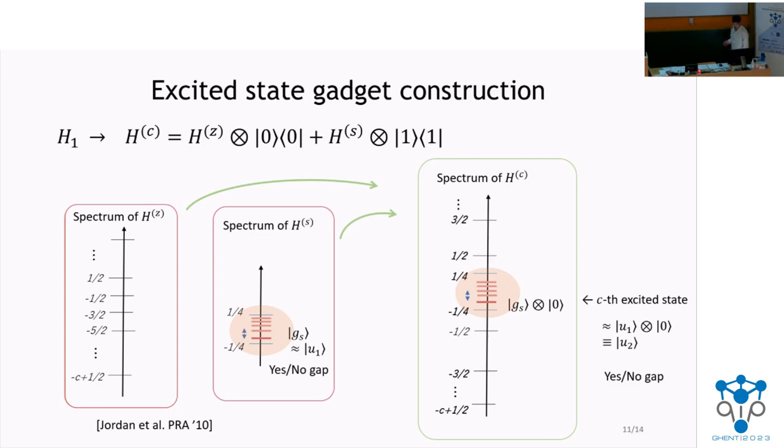So it can be seen that the c-th excited state of Hc corresponds to the ground state of Hs, and this is the c-th excited state of this Hamiltonian, and this can be approximated by the new semi-classical subset state U2. And this is how we obtain the excited state Hamiltonian.